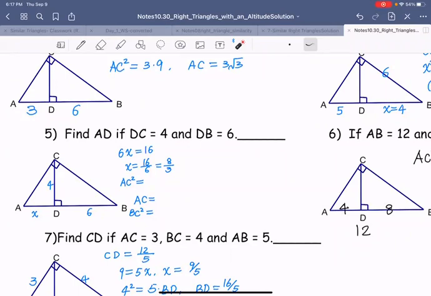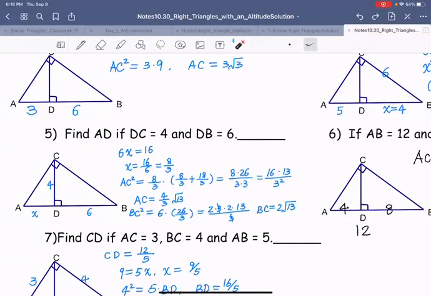Finished? Who finished? Let's see. Valeria, you see here?